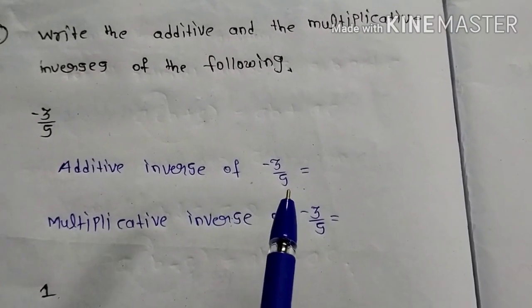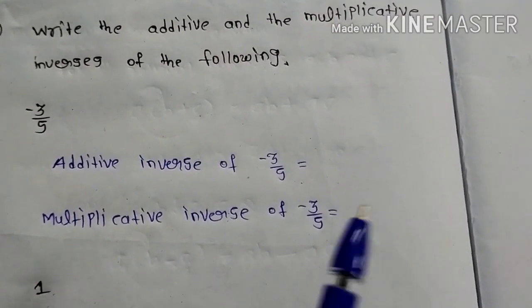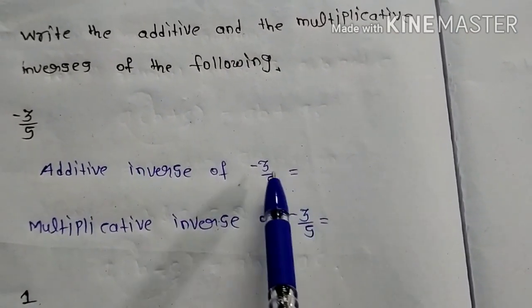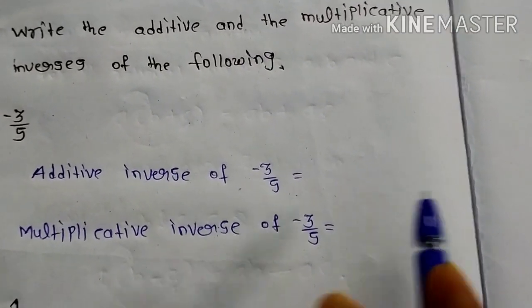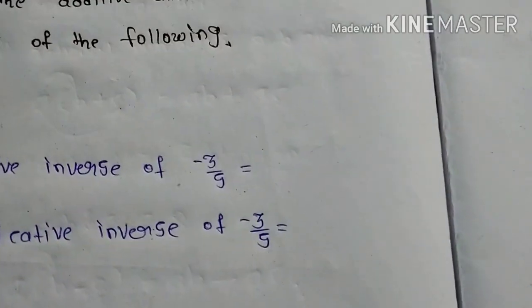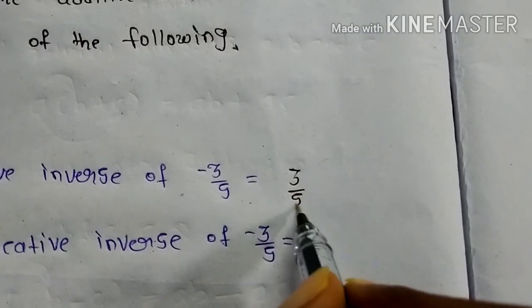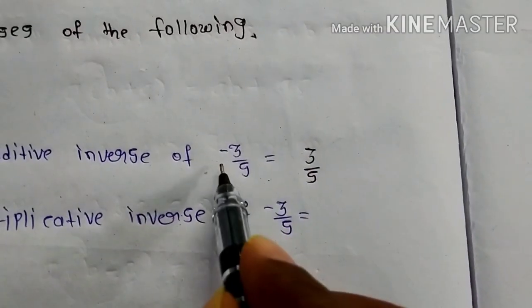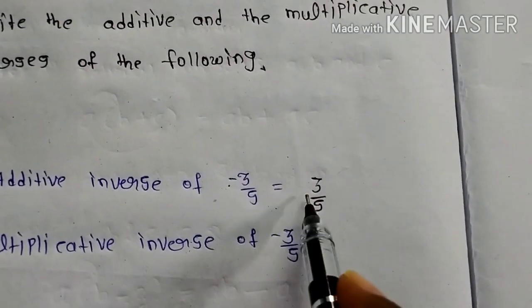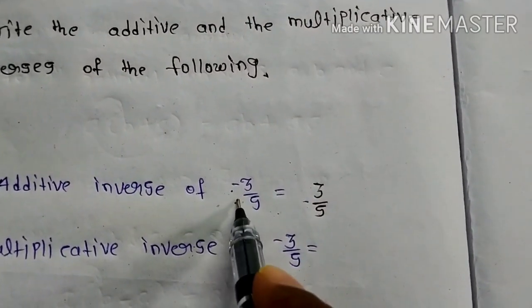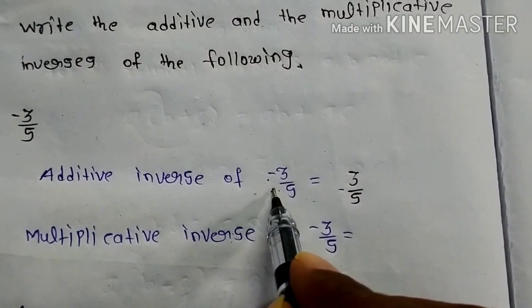Just remember, whenever you are writing the additive inverse, first you write the number as it is, 3 by 5. Then you just change the sign: if it is minus, you change to plus; if it is plus, you change to minus. But here, the question is already given as minus.